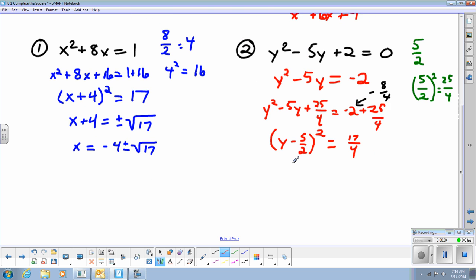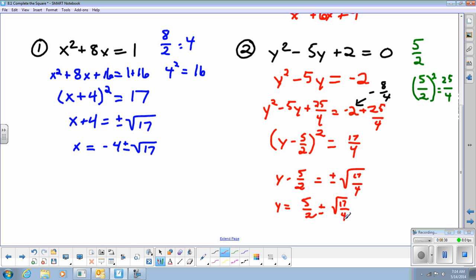Square root both sides, and I get y minus 5 halves equals plus or minus the square root of 17 fourths. Now I'm going to add 5 halves to both sides, so y equals 5 halves plus or minus the square root of 17 fourths.